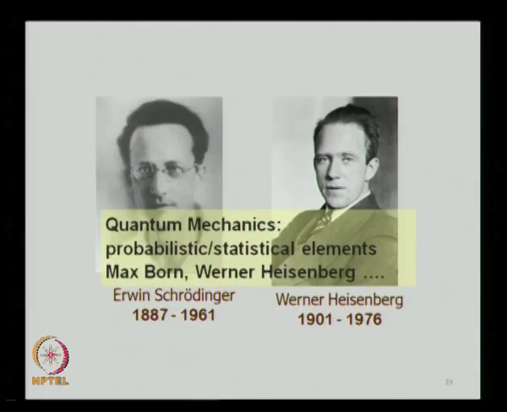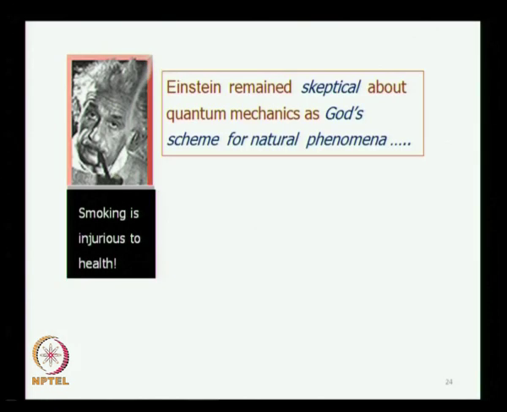So, Einstein actually contributed to the development of quantum mechanics, but he was not happy with the probabilistic version, and he was very troubled by statistics, by probabilistic things. He felt that all this probabilistic stuff did not fit into his imagination of how God would have created the universe.